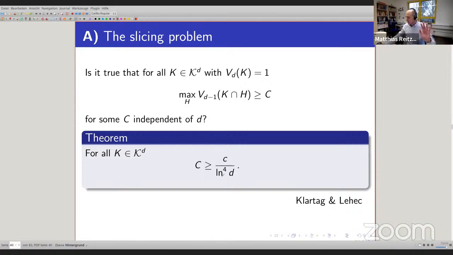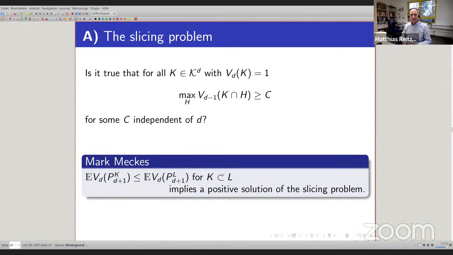Okay, so this is one of the serious major problems in geometric analysis, and the connection is a remark by Mark Meckes that if a monotonicity property holds for the simplex case, d plus 1 random points, then it would prove the slicing problem or slicing conjecture. So it's not a surprise that if this had been true, the proof should have been very, very difficult, maybe.